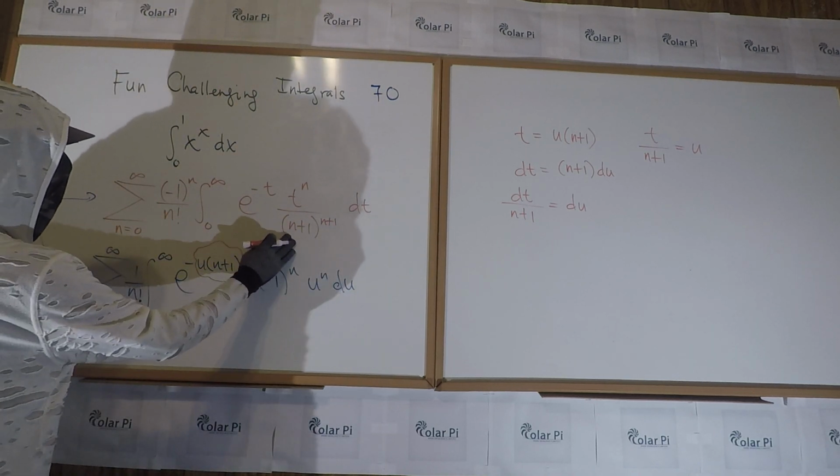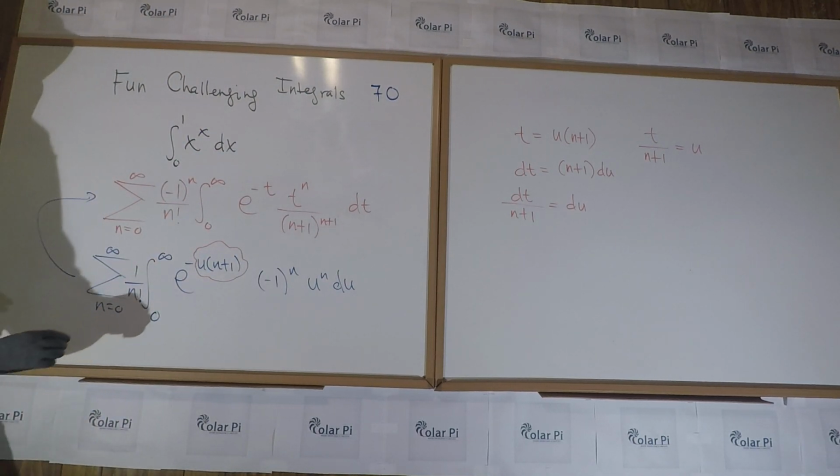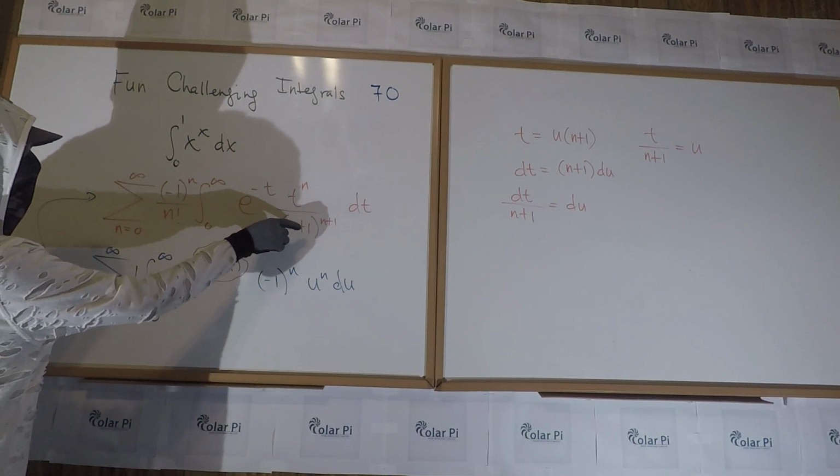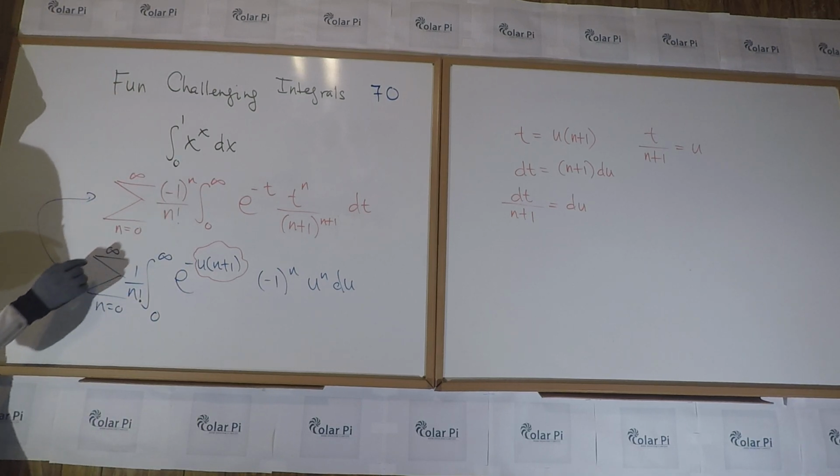As a matter of fact, I could take the 1 over n plus 1 to the n plus 1 and write it in front here.